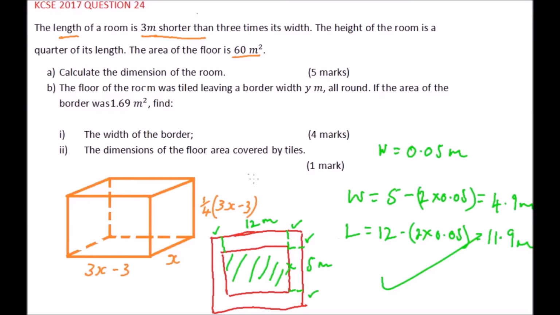And with that, you earn yourself 5 marks in part A, 4 marks in part B, Roman number 1, and 1 mark there, totaling 10 marks.